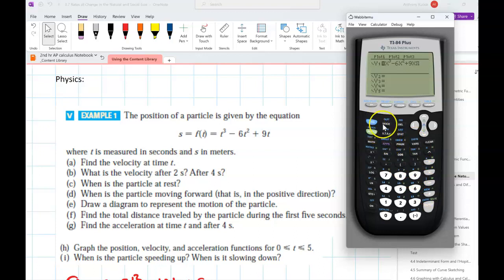Then I exit out, press the math button, and scroll down to command 8, which is called nderive. I will do the derivative with respect to x of vars, y vars, function y1 when x is equal to 2.